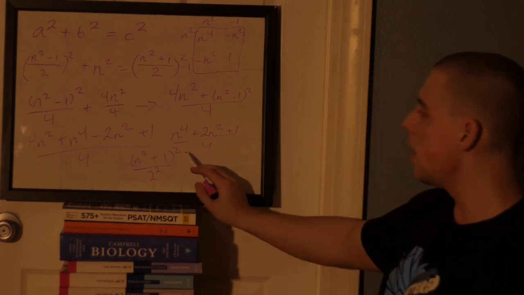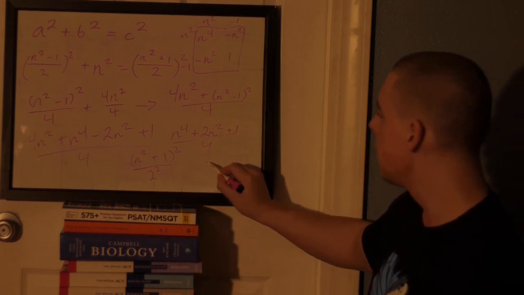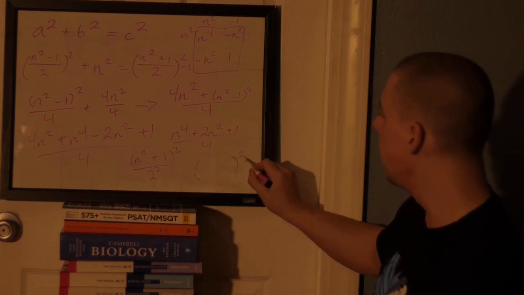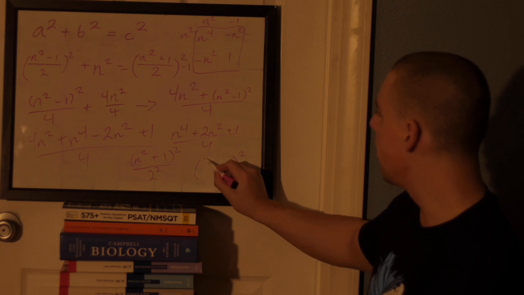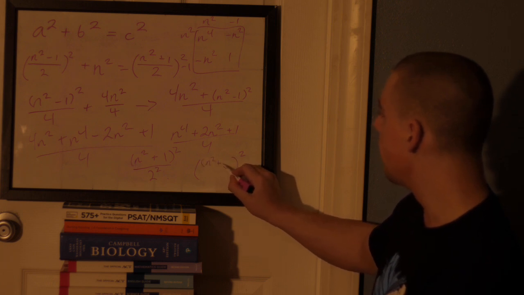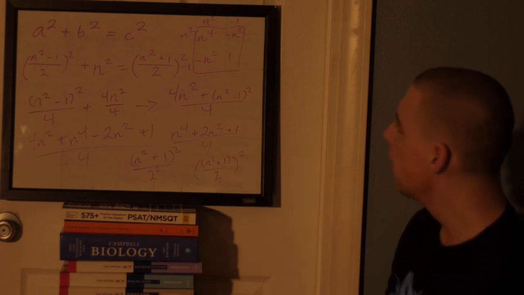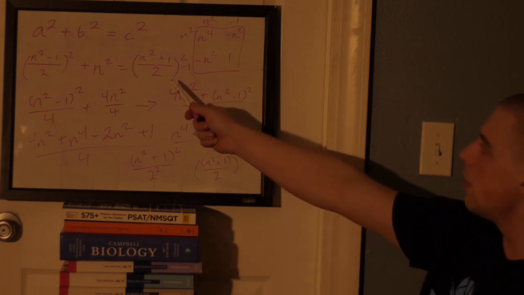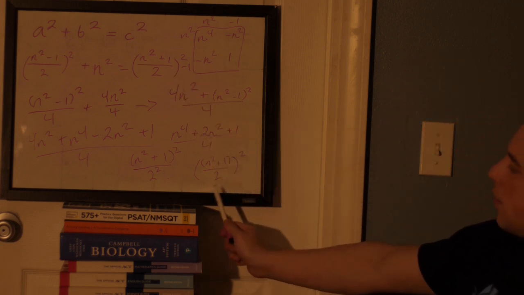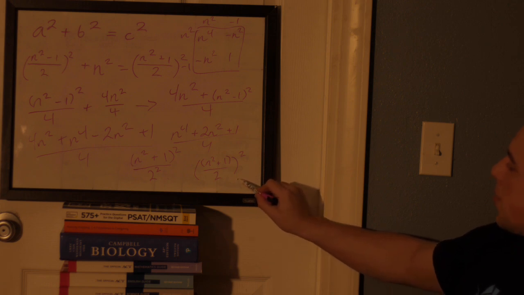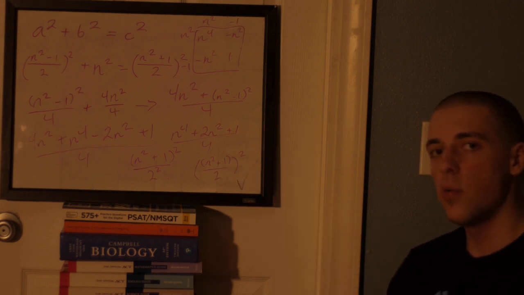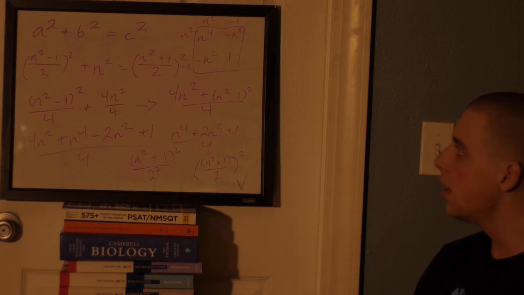Since we have a square on the top and bottom of the fraction, we can pull it out, and just write what we had originally, (n squared plus 1) over 2, squared. And look at that. We've established this identity. That triangle will always hold true no matter what.